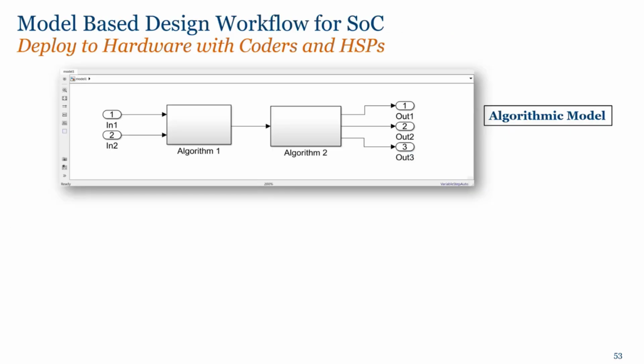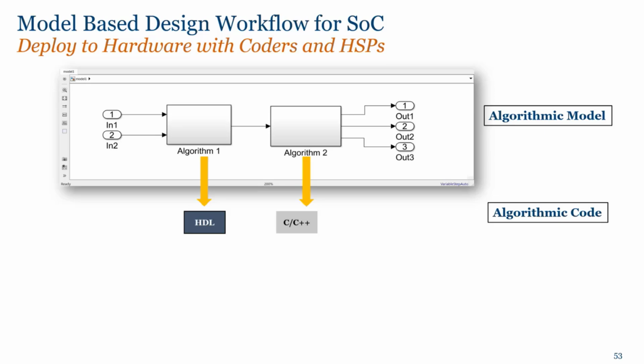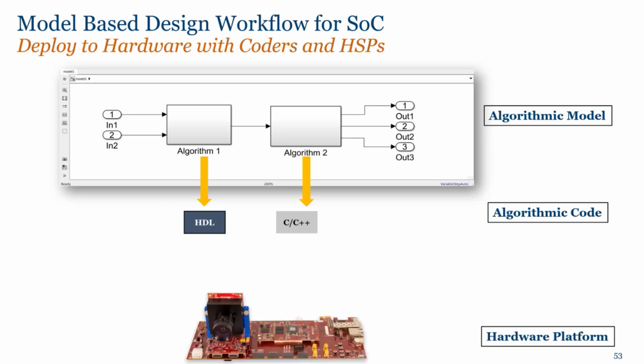If we go back to a classic model-based design workflow, we'll have an algorithm 1 that maybe would be HDL or hardware, and algorithm 2 that will be more on the software part. We'll have the algorithmic model, we'll go through code generation to get algorithmic code, and later we'll have the hardware implementation.